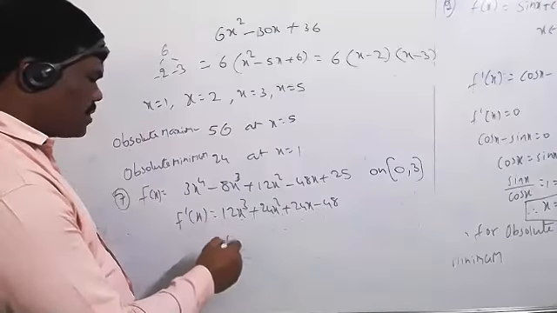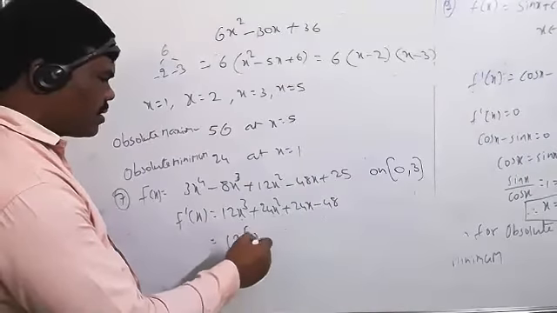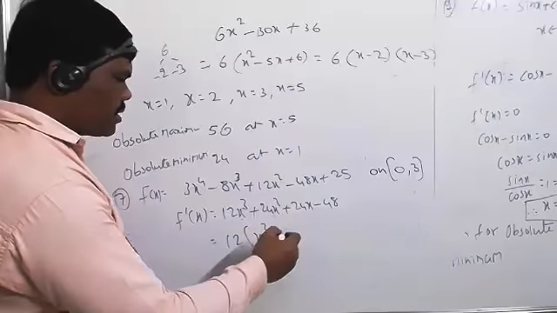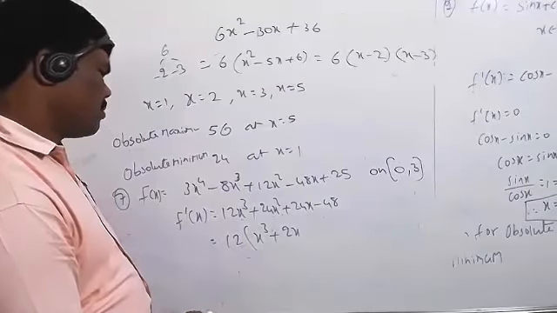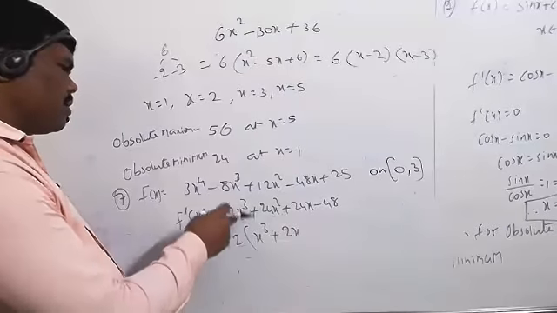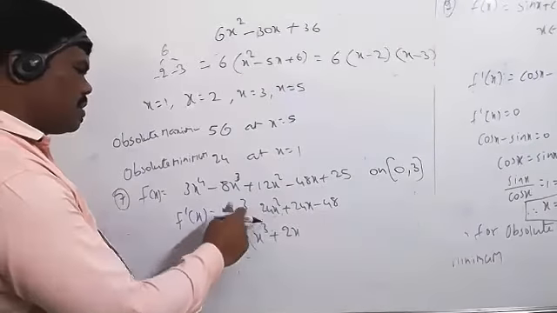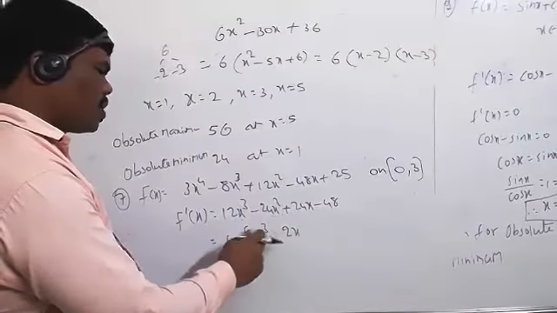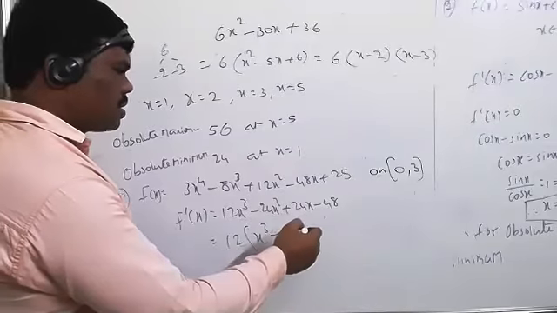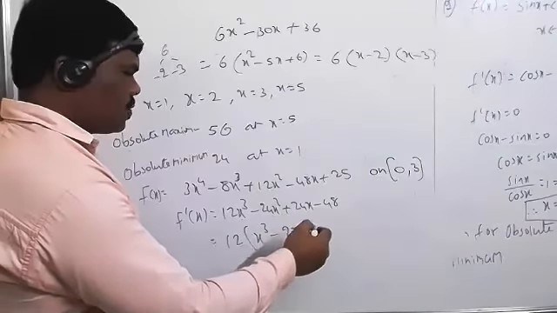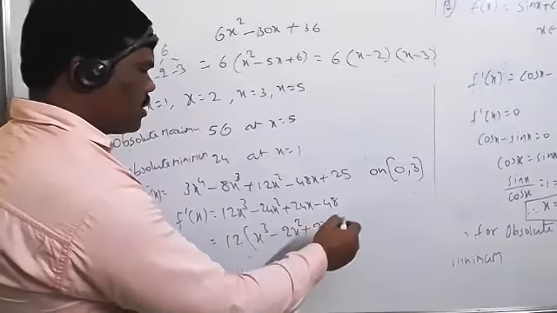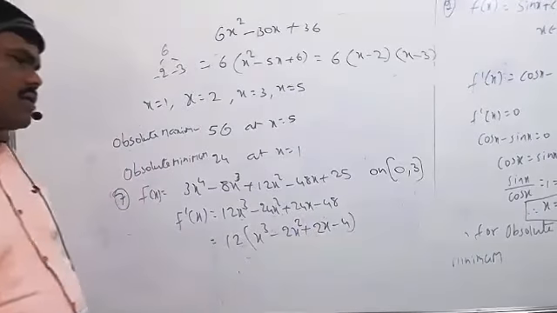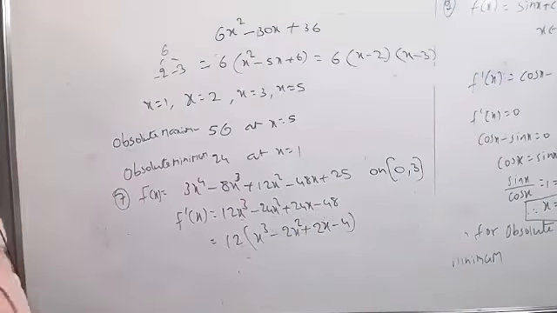From all the terms you can take 12 common, so 12 times x cube minus 2x square plus 2x minus 4.